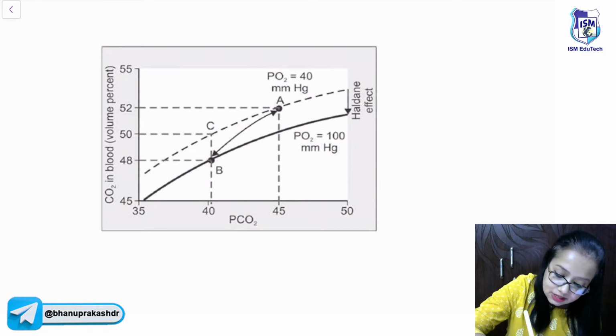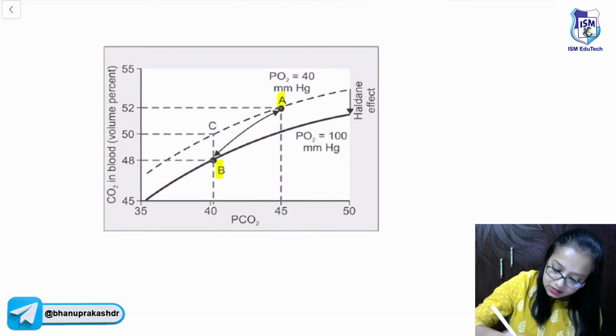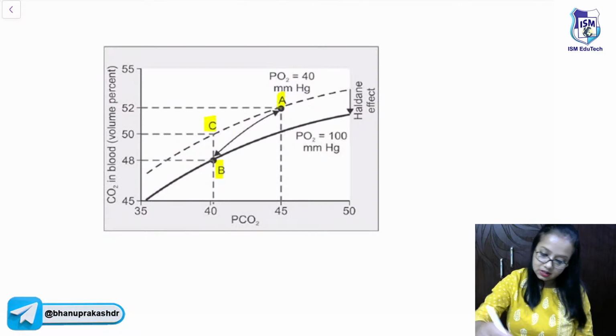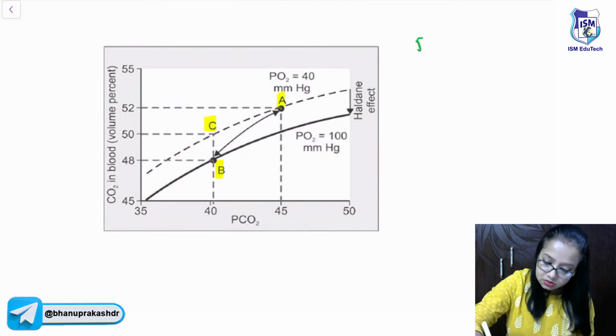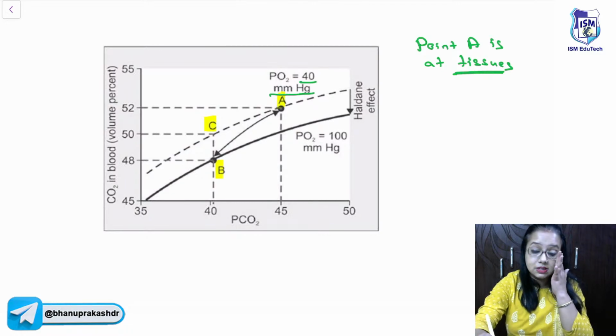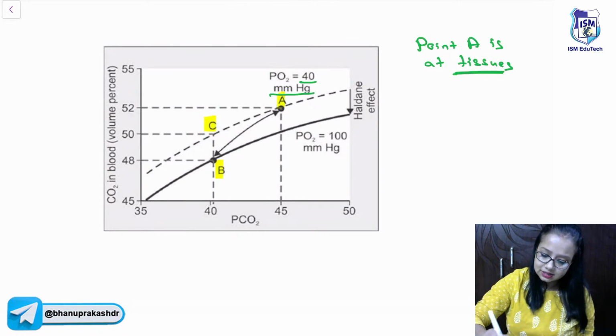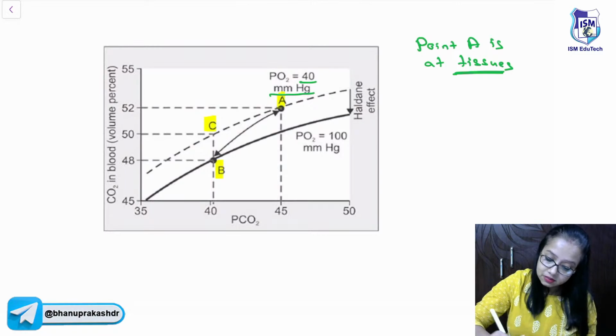So here we see 3 points: point A, point B and point C. First of all, let's remember point A is at the tissues. How do we remember it is a tissue? Here you see partial pressure is 40 mmHg. So where is partial pressure of oxygen 40 mmHg? It is in the tissues, in the venous blood, right? So it is happening at the tissue. And here you see on the x-axis, it is the partial pressure of the carbon dioxide.